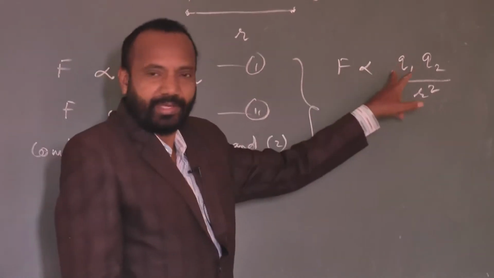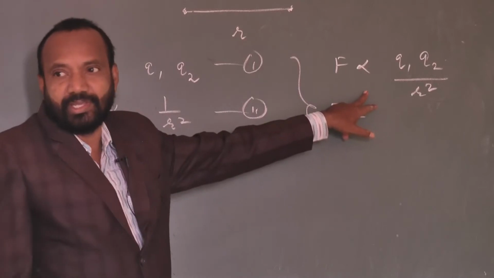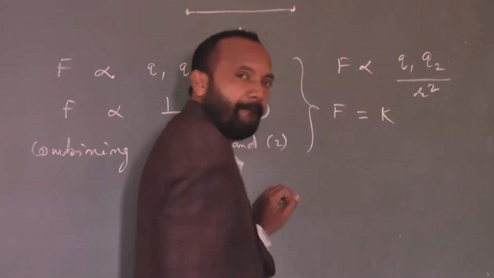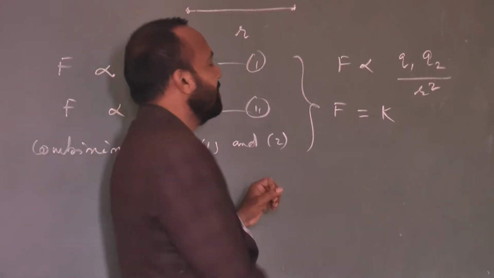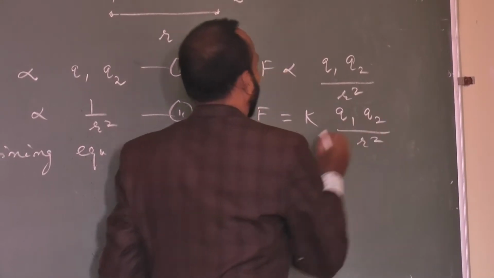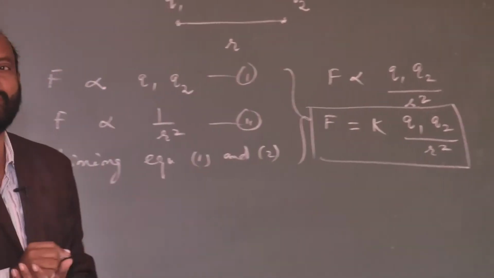To remove the proportionality sign and put an equal sign, the constant of proportionality is called K. So F equals K into Q1 Q2 divided by r square. This is our Coulomb force of interaction.